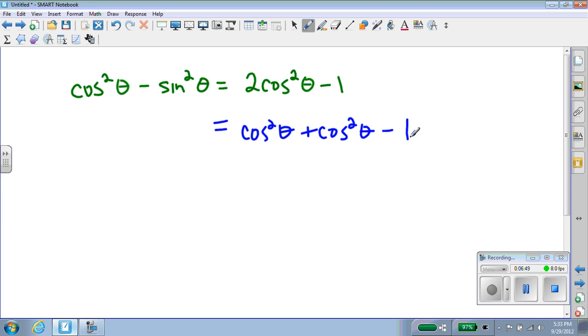What would I give as a reason for that? I would call that undoing like terms, separating like terms.